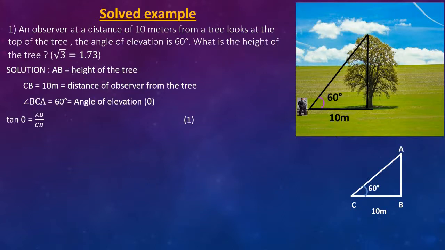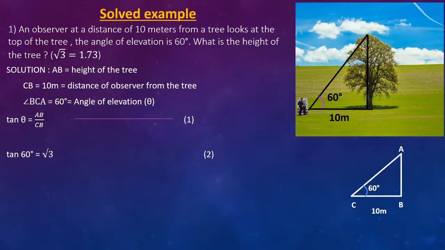Now let us begin with the solution. We know that tan theta is equal to AB upon CB. Let it be equation 1. Now we want to find the value of AB, that is the height, and they have given the value of CB.